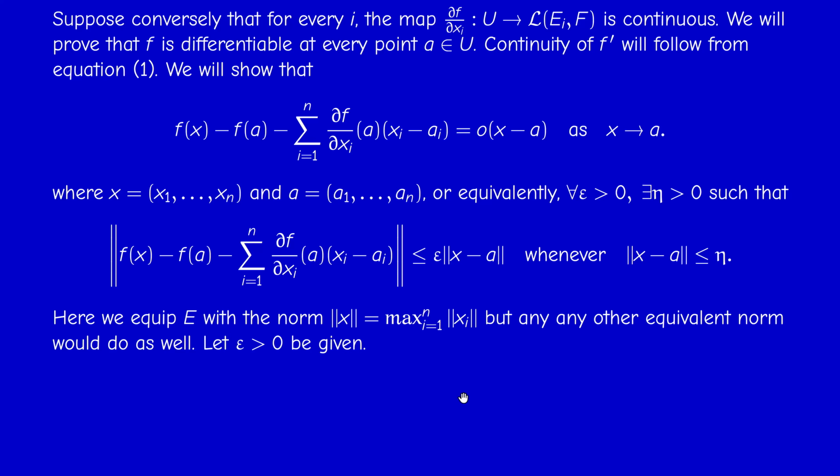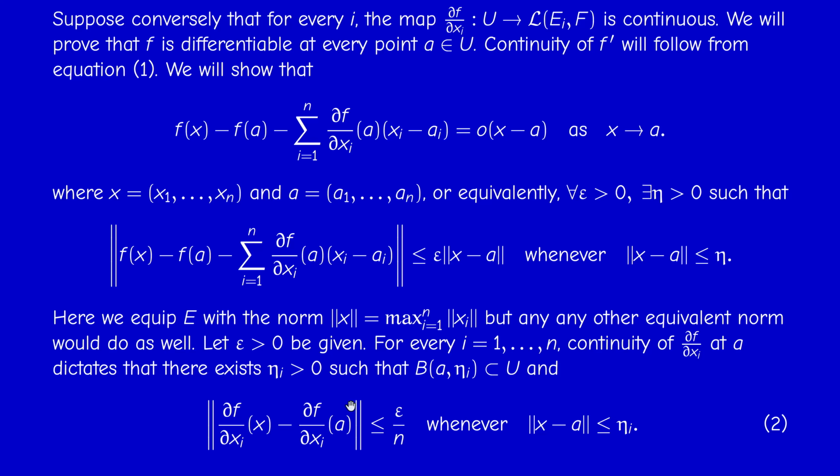So pick a positive number epsilon, and now let us write the condition of continuity of each partial derivative at the point A that we fixed in the beginning. Continuity of the ith partial derivative at A means that if x is close enough to A, then the distance between their images is less than any positive number.